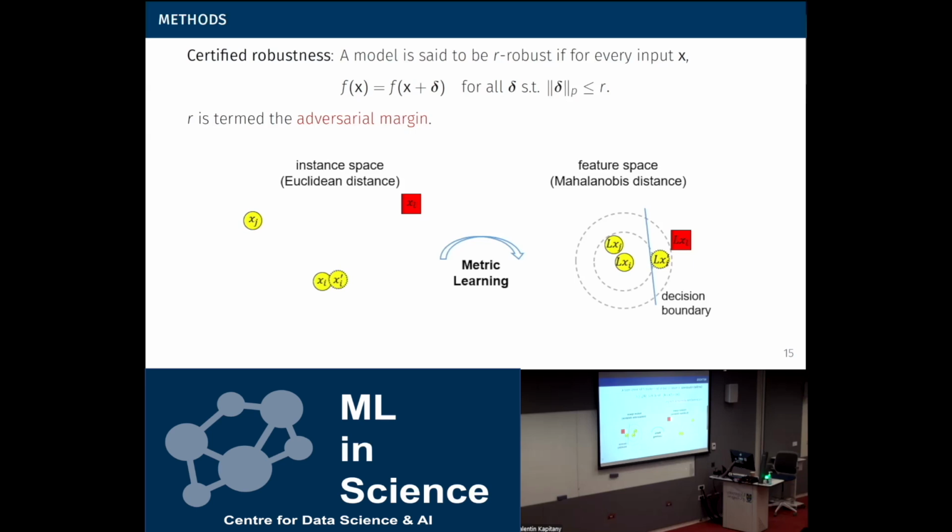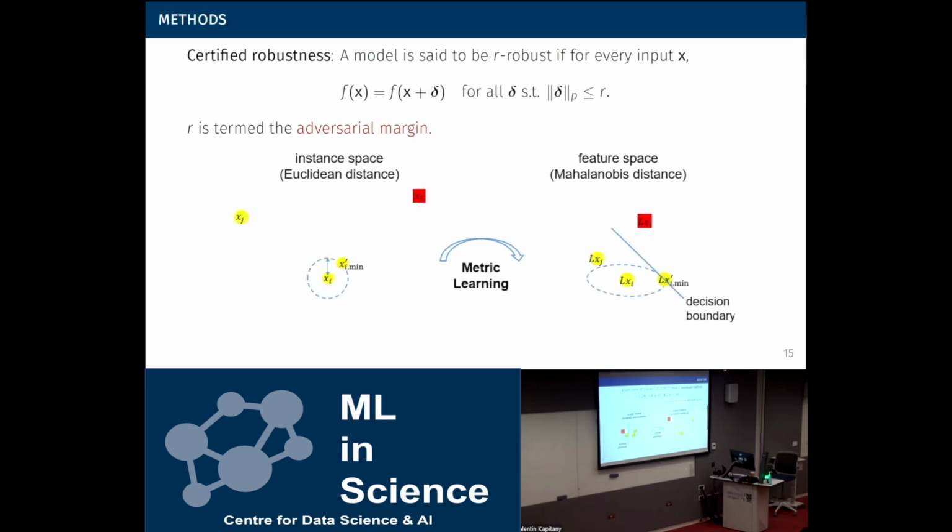So how can we find a margin which guarantees our system is always robust? What we do is we need to find the point xi minimum. That point is quite close to the original point, but at the same time, it's always correctly classified.